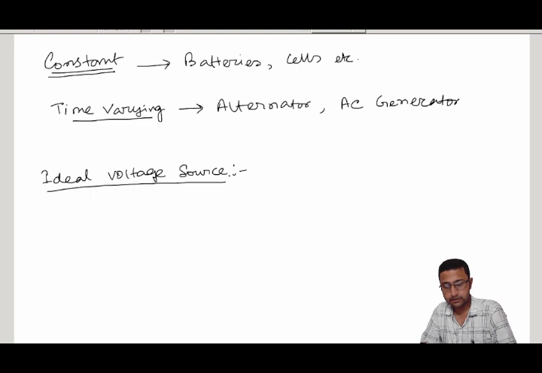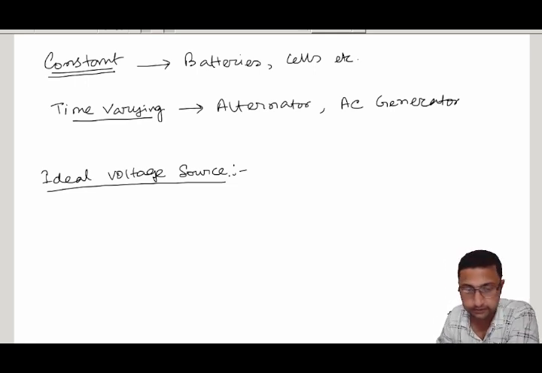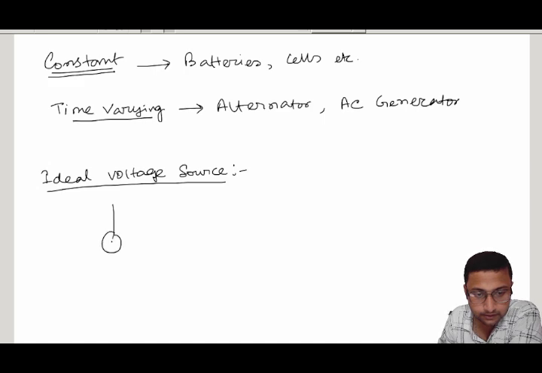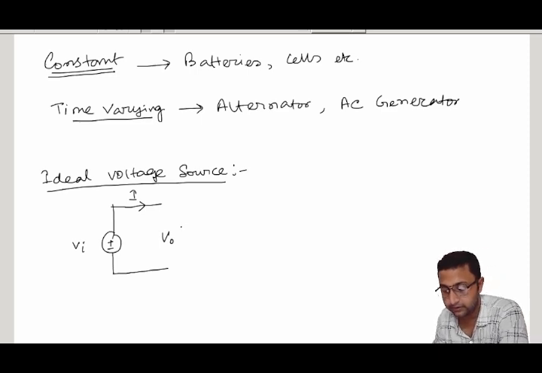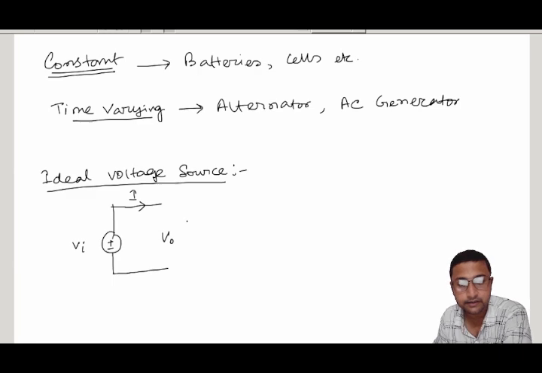Practically it is not possible. Whatever supply voltage we apply to the input, we get the same amount of voltage at the output. The input voltage is V, the current I is flowing, and we get the same output voltage, because there is no voltage drop inside, as no internal resistance is present.